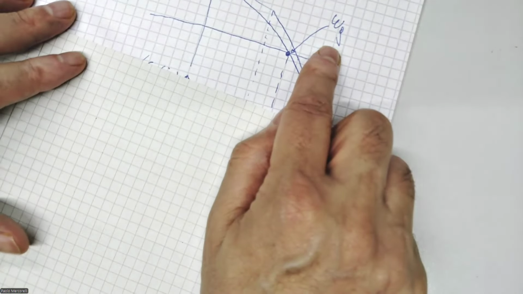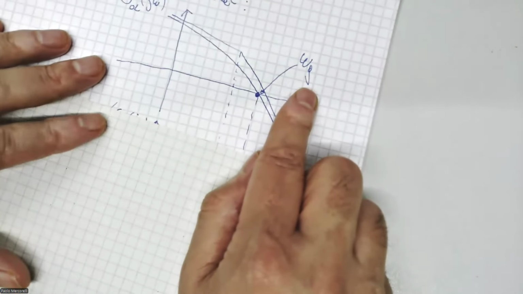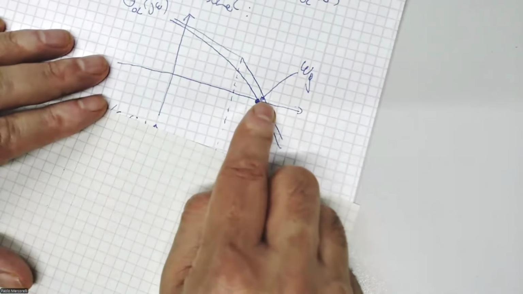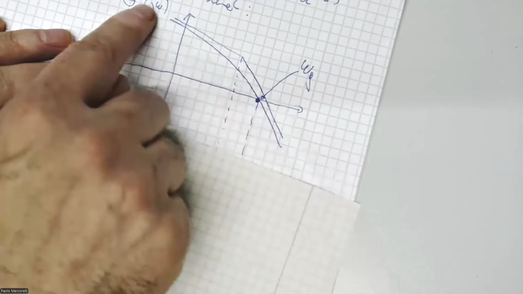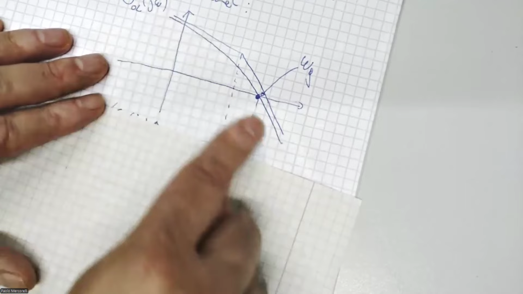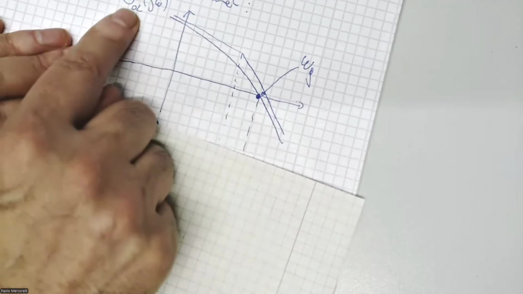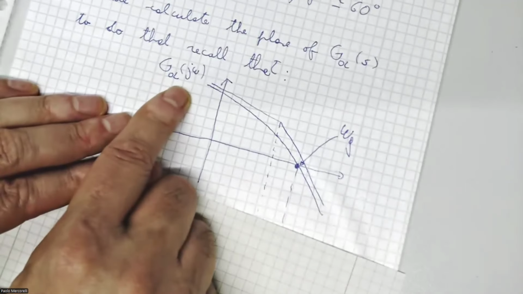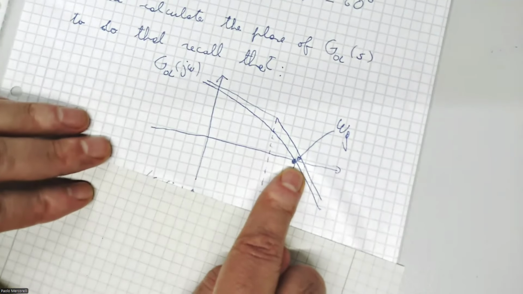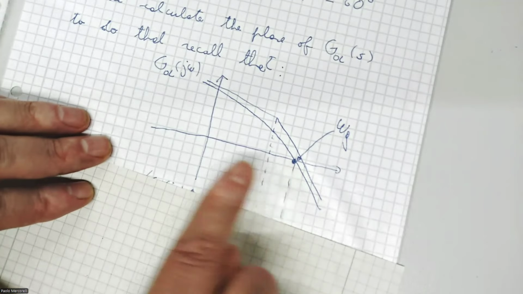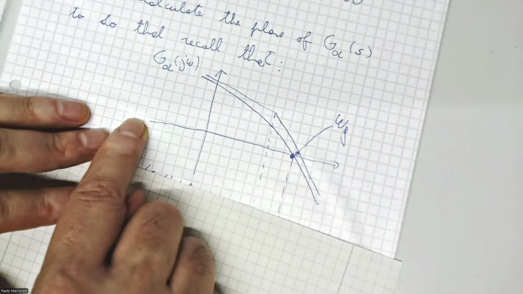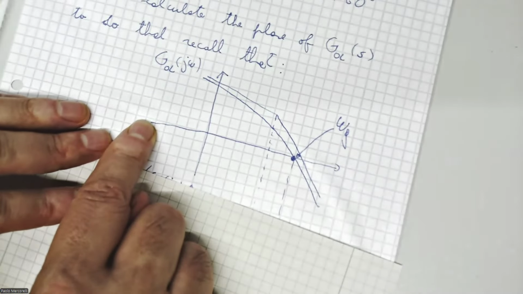To calculate the phase margin, I have to calculate the crossover frequency, omega g, in accordance with our notation, which basically, as I told you, is when the amplitude of the open loop transfer function equals 1. This means here it must be 1, or in decibel 0, since the logarithm of 1 is 0.